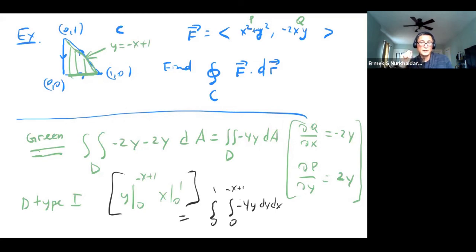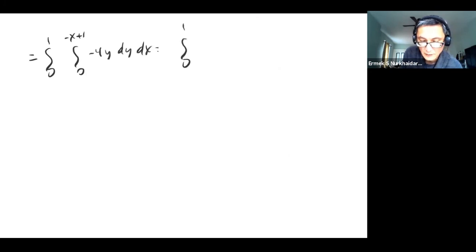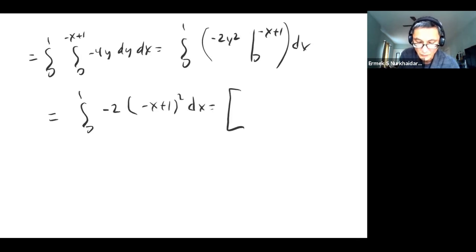That gives the integral from 0 to 1 of negative 2y squared from 0 to negative x plus 1 dx, which is the integral from 0 to 1 of negative 2 times (negative x plus 1) squared dx. If needed, do substitution u equals negative x plus 1.